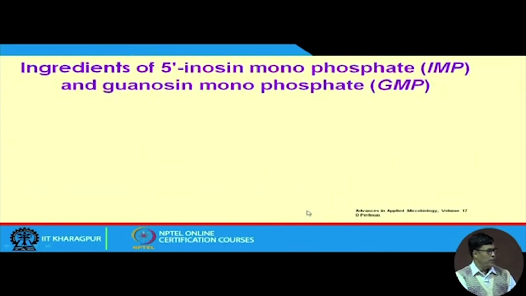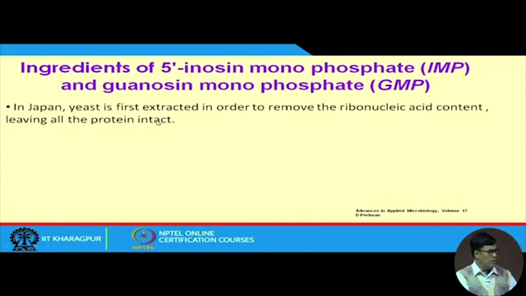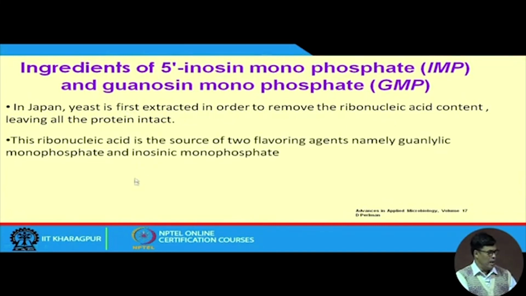Now, ingredients like 5'-inosine monophosphate and guanosine monophosphate, the IMP and GMP. In Japan, yeast is first extracted in order to remove the ribonucleic acid content, leaving all the protein intact.